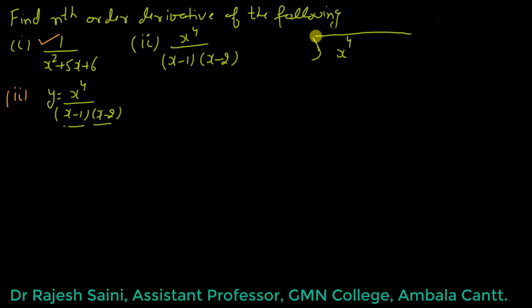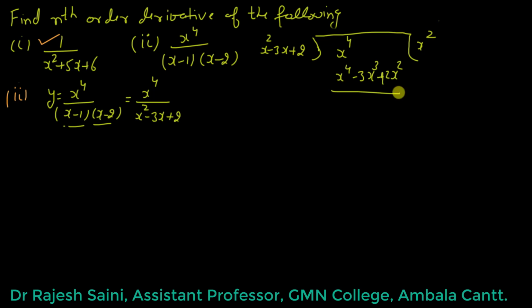So I will be carrying out the long division. When you multiply x minus 1 and x minus 2, it will be x square minus 3x plus 2. So I am going to divide x4 by x square minus 3x plus 2. It will go x square times; multiply it with x square, it will be x4 minus 3x cube plus 2x square. Change the signs: minus, plus, minus.